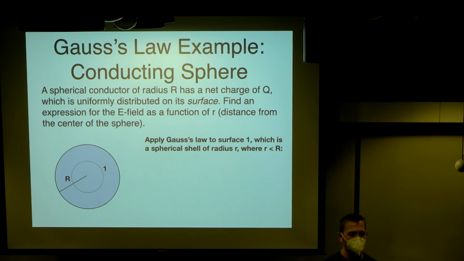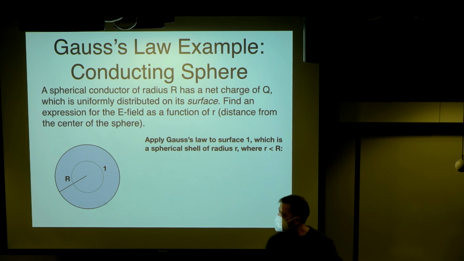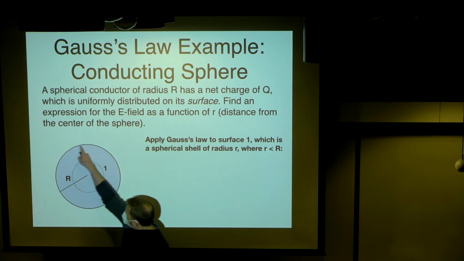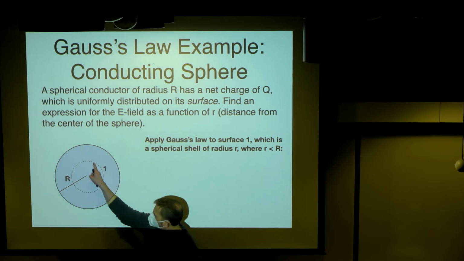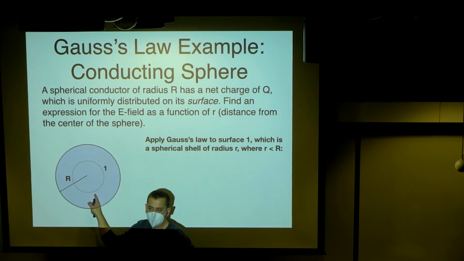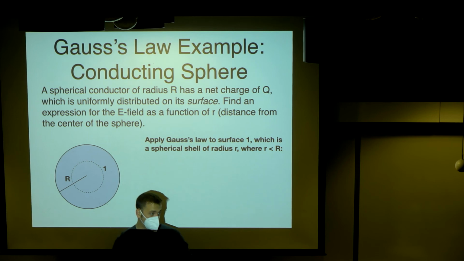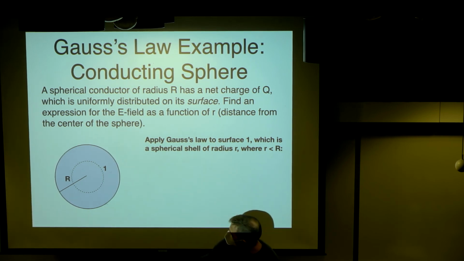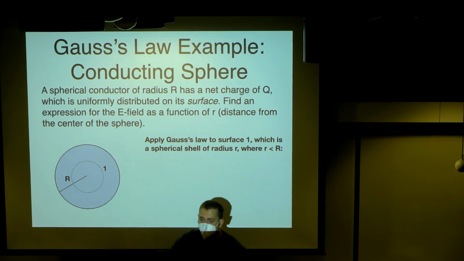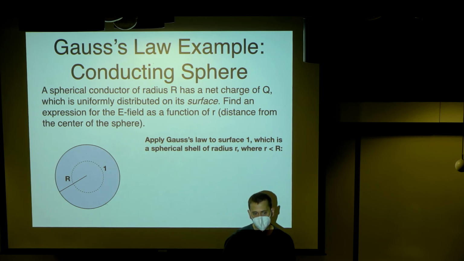How much charge are we surrounding? Should be none, right? It's 0, because we're told all the charge is on the outside here. So if our Gaussian surface is on the inside, there's no net charge on the inside. So we're enclosing 0 charge with this surface, okay?